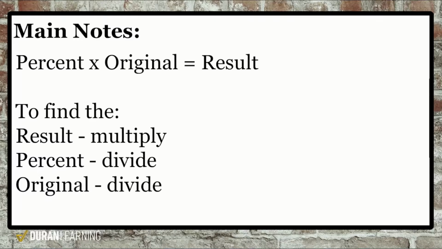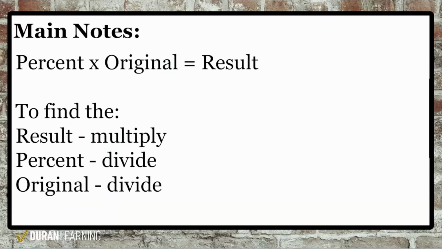All right, let's move forward here to page 2. What we want to observe here is that we still have that formula right there at the top of the screen. The percent multiplied by the original value equals your result. Now, purely from the side of algebra, solving equations, I want us to take a look at what we have here.